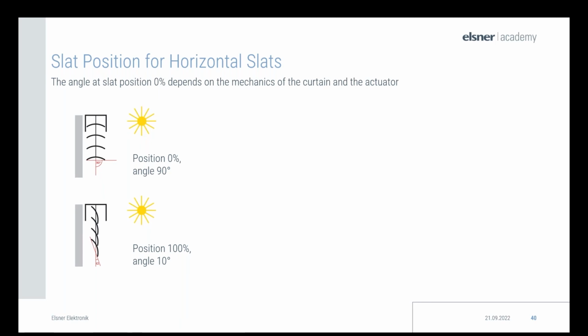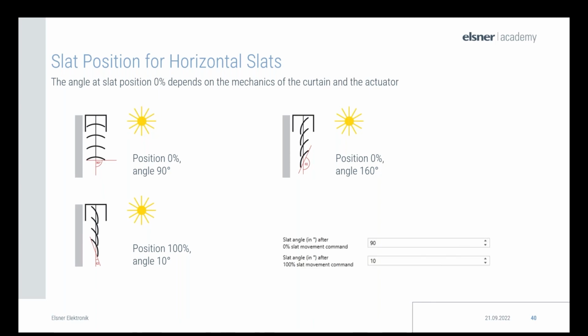Shades that fold inwards exist as well. Here it goes the other way around. In this example, 160 degrees is at 100% slat position. The angles must be measured out, for example with a set square or requested from the shading manufacturer, and the determined values are then entered in the parameters. You can see the parameters right below.